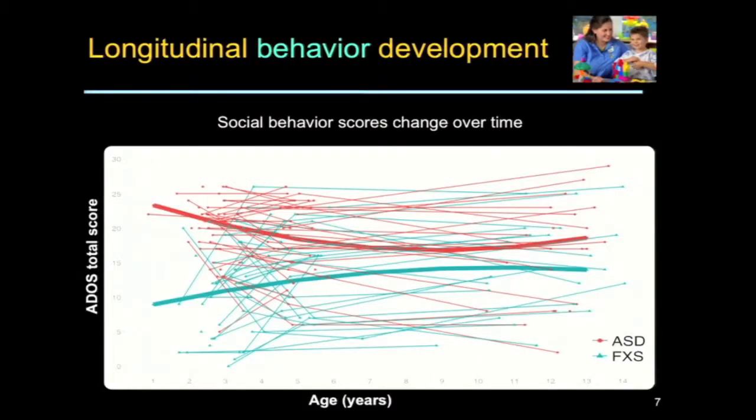What I would point out, let me go back to the behavior development growth curves, is what I can say with a little bit more certainty. For this autism group, I can hypothesize why they're showing a decrease in autism symptoms over time. This is a unique group that was brought to us very early in their development, ages 1 through 3. So they were most likely brought to the attention of clinicians and researchers, and were targeted for early interventions.